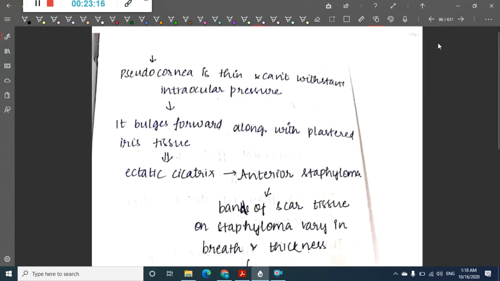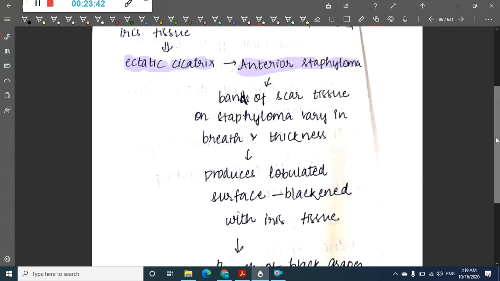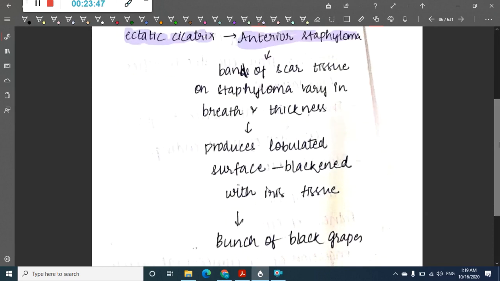This slough will enter into the aqueous humor, and they will cover the pupil and form this pseudocornea. Okay, this pseudocornea is thin, and because it cannot withstand the intraocular pressure, it bulges forwards and forms something called ectatic cicatrix, which is nothing but anterior staphyloma.